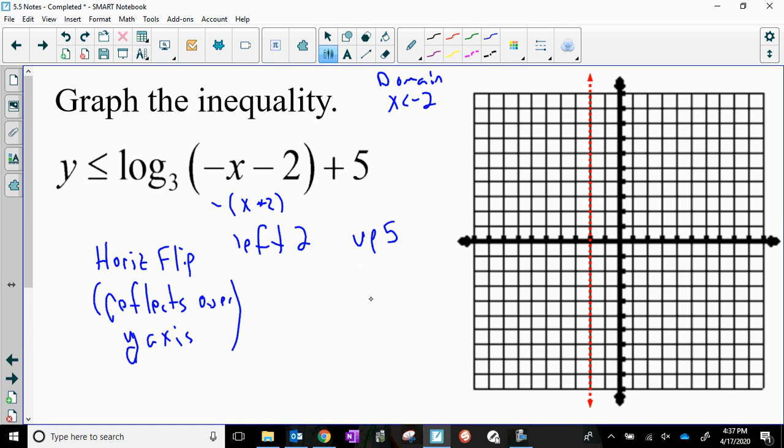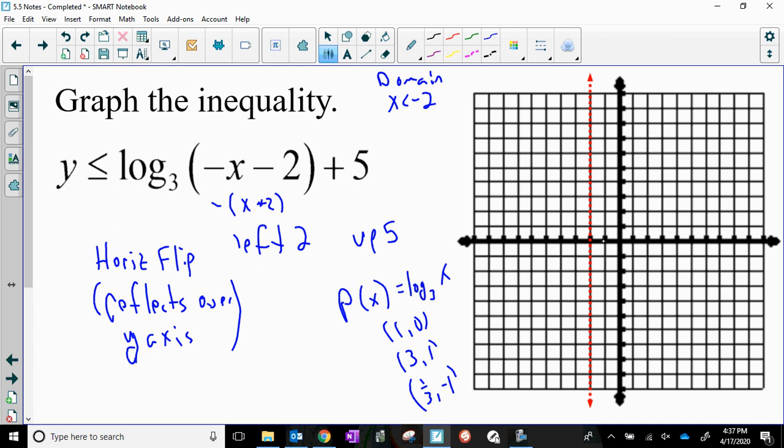Our ordered pairs that are normally on the parent function, we would have 1, 0, 3, 1, 1/3, -1. Remember, the y coordinate's the exponent, and then when you take your base, which is 3, and raise it to that exponent, these are how you get the x coordinates. So let me take the point that's normally here at 1, 0.